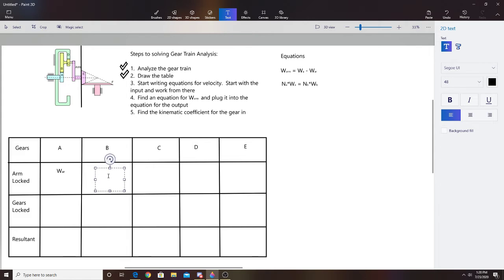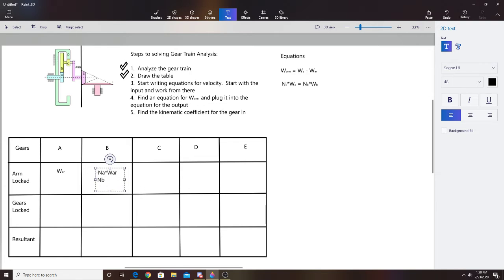So for this part, we have omega b, so WB is equal to the opposite of NA over NB, times omega AR.